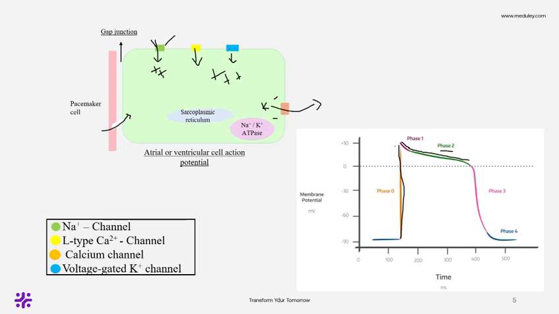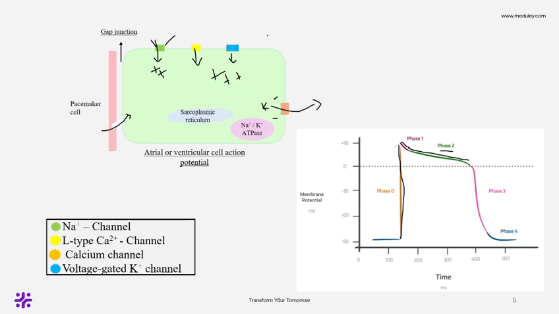As the calcium moves out of this cell, the relaxation process will happen, because when calcium is inside the cell, it is contracting, and when calcium is moving out of the cell, it is relaxing.